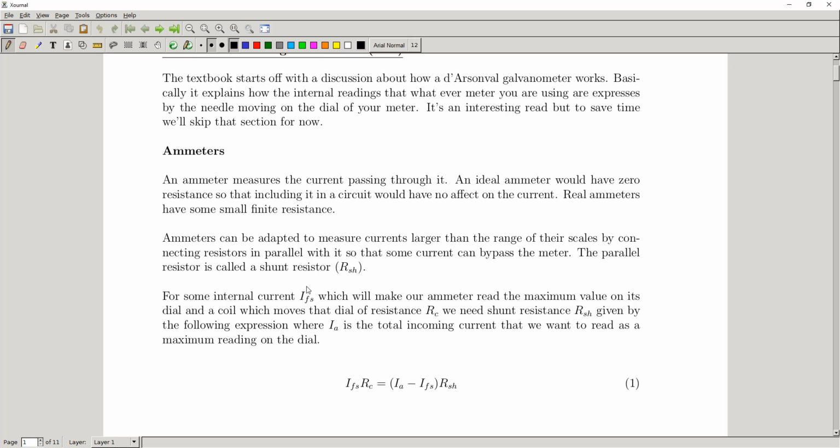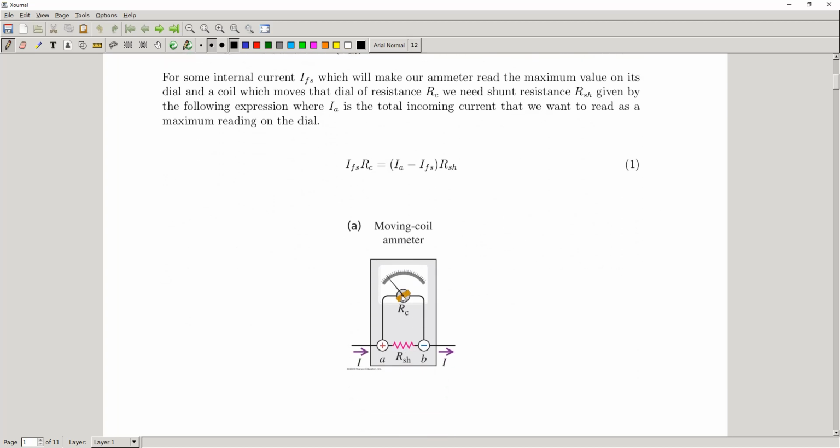So what we're saying here is that for IFS, which makes our ammeter read its maximum value on the dial, and a coil which moves that dial of resistance RC. So that would mean that this little setup here, which is kind of like a dial, you can also think of just as a resistor with RC in a sense.